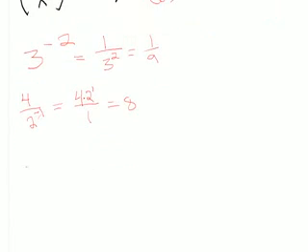Okay, let's do one where we have negatives on top and bottom. So if I had 3 to the negative 3 over 2 to the negative 3, what happens to this? Well, on top we have a negative exponent, which is again telling me reciprocal.